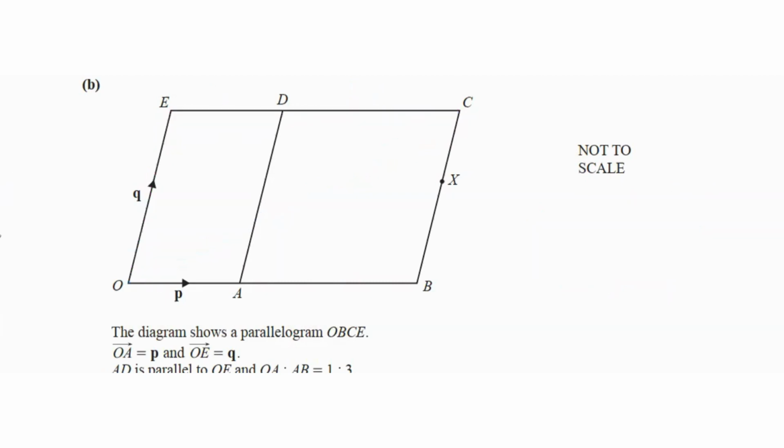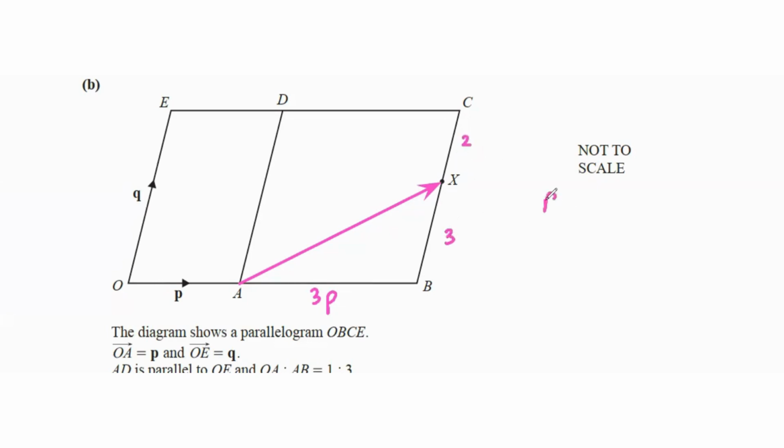Then it says find AX. So for AX, this is AX. Once again, we know this is 3P. And we have been told that BX to XC is 3:2. So 3, 2.